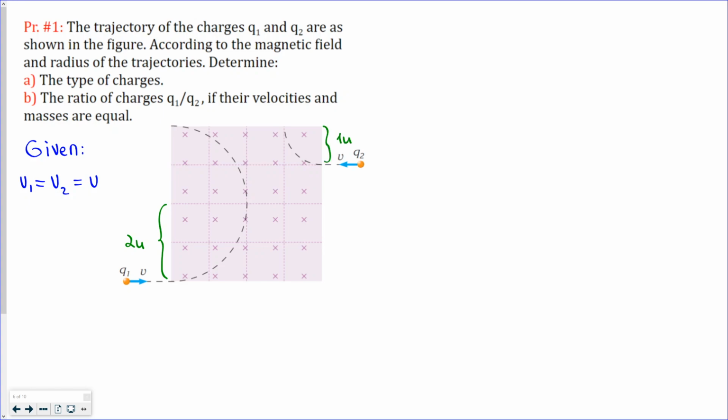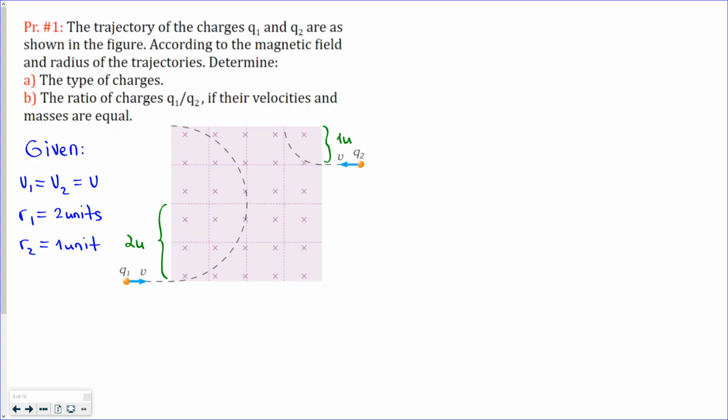This is also the radius of the second charge. The radius of the first charge is 2 units and the radius of the second charge is 1 unit.